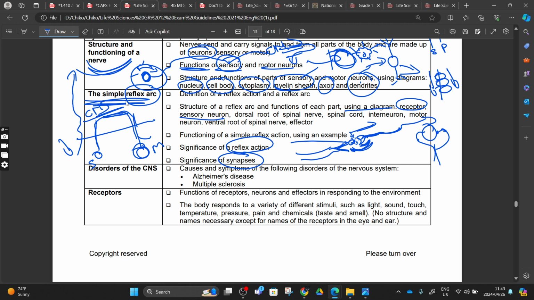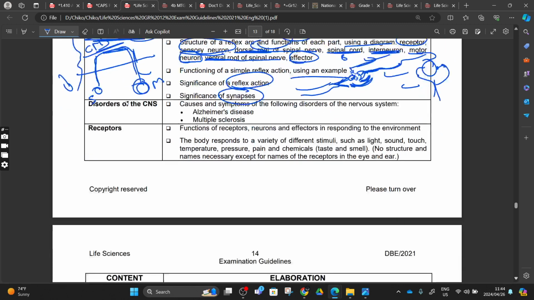This sensory neuron is going to enter the central nervous system via the dorsal root of the spinal nerve, and then inside the spinal cord we are going to see our interneuron picking up the impulses from our sensory neuron to the motor neuron, and from the motor neuron they are going to leave our spinal cord via the ventral root to the effector. You did this, and then you will have to define the reflex action and the reflex arc, right? Reflex action is the action brought upon by the reflex arc. Reflex arc is the pathway that our impulse travels or follows.